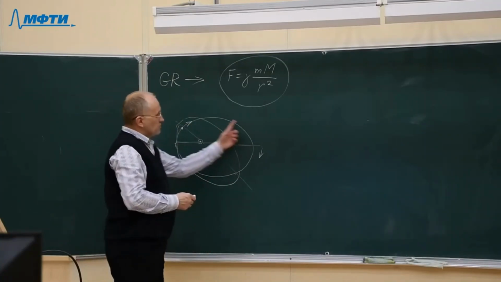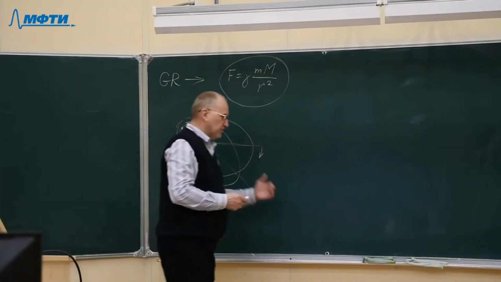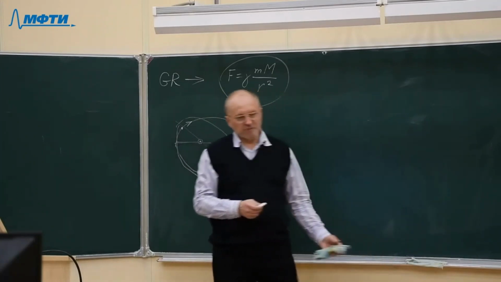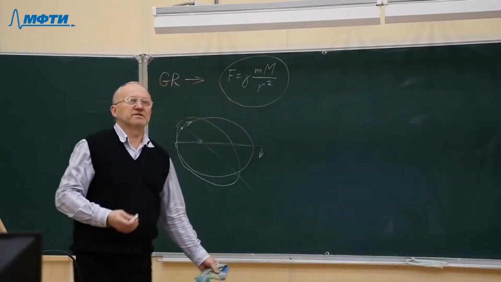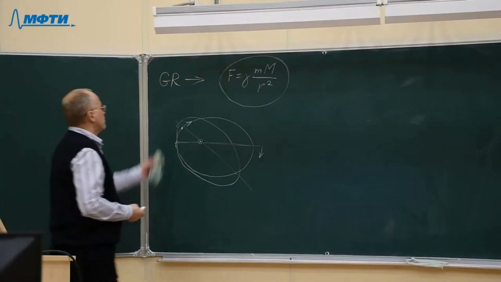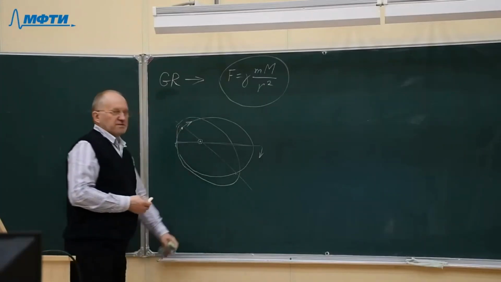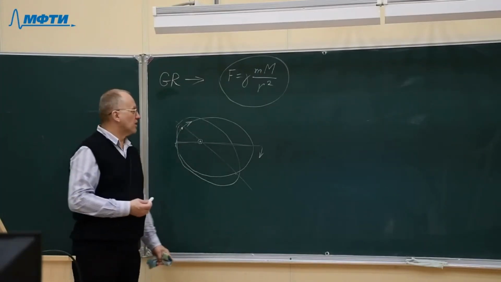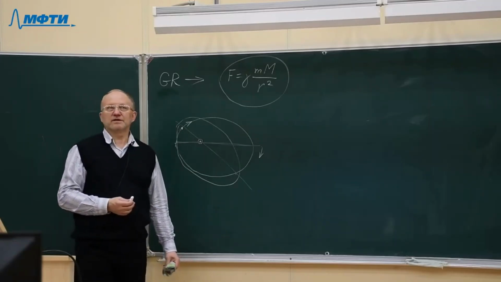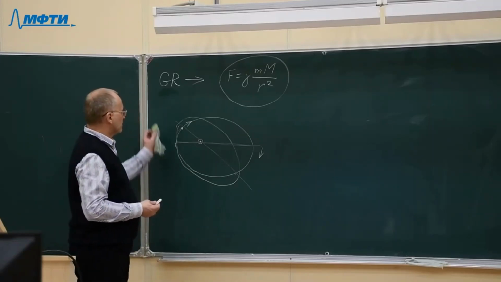But this motion is very slow, and in the first approximation it can be neglected. But anyway, it's observed. This is an observable effect. So the general relativity has its influence even in weak gravitational fields like in our solar system around the Sun.